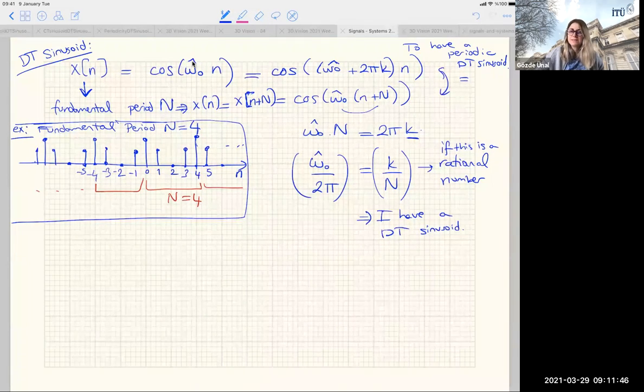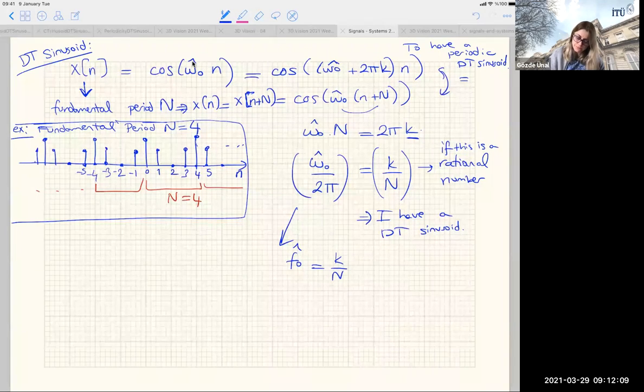Okay, it may look a little bit confusing here. I have so many new things defined because, for instance, from here I can say omega 0 hat over 2 pi is f0 hat, right? I can define now the normalized regular frequency, which should be a ratio of 2 integers.